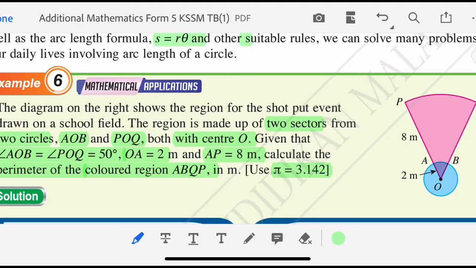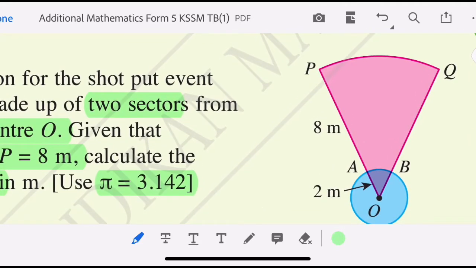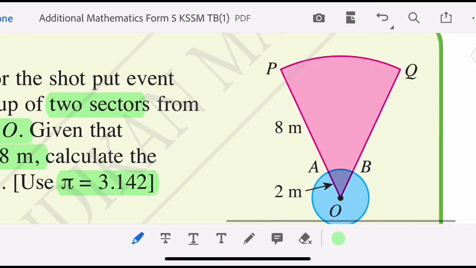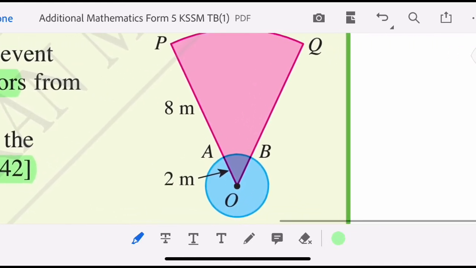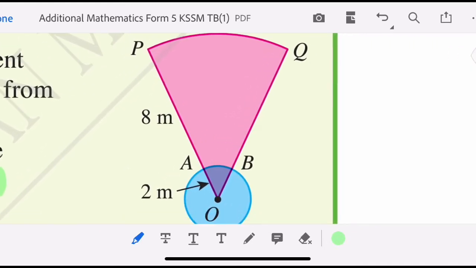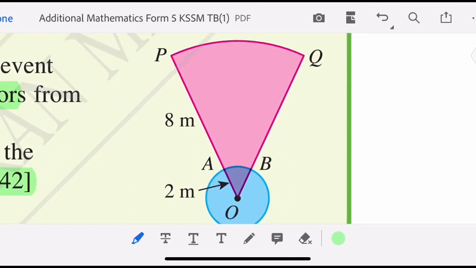Now let's study the diagram first. I'm going to zoom the diagram. Can you see that? You are given the shot put event, and you are asked to find the perimeter for ABQP.